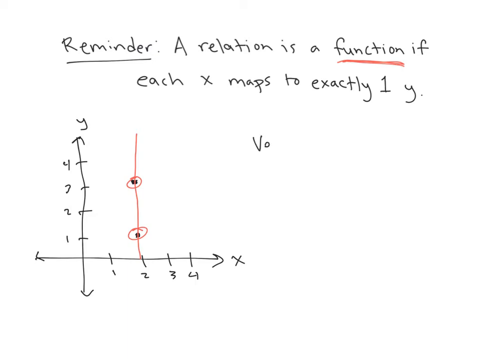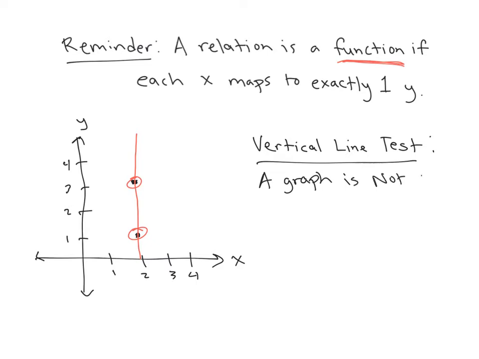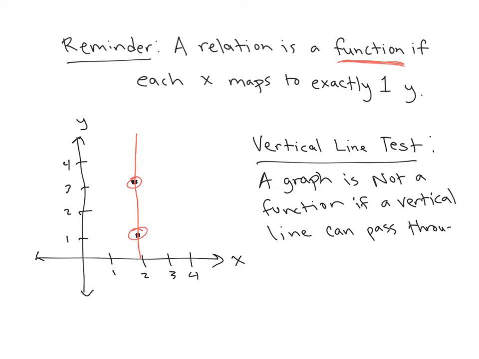So our rule for this is called the vertical line test. What the vertical line test says is that a graph is not a function if a vertical line can pass through more than one point on the graph.